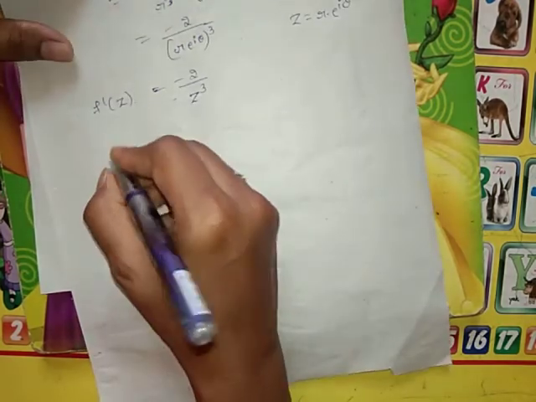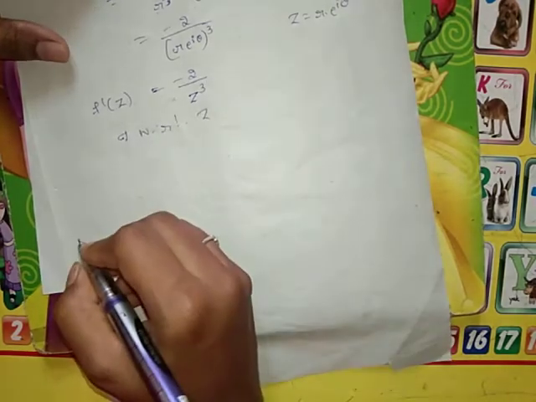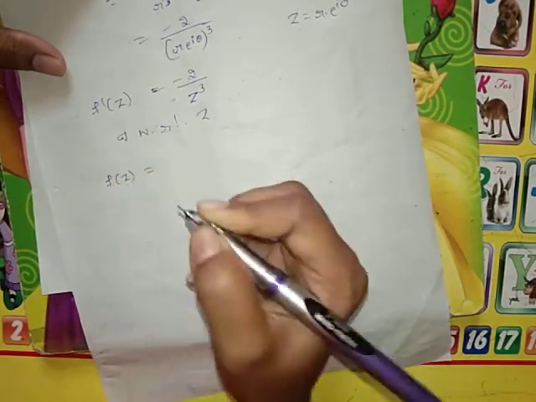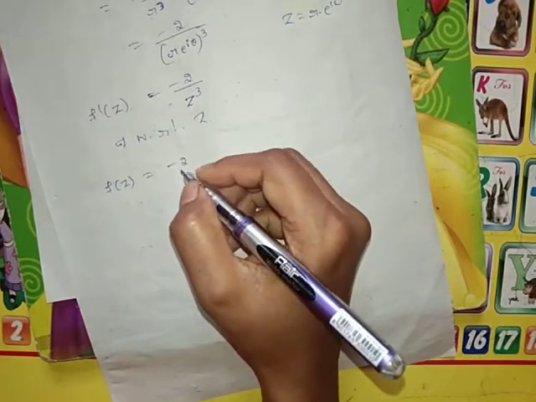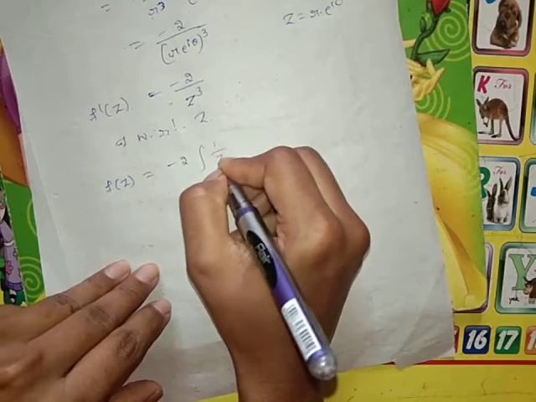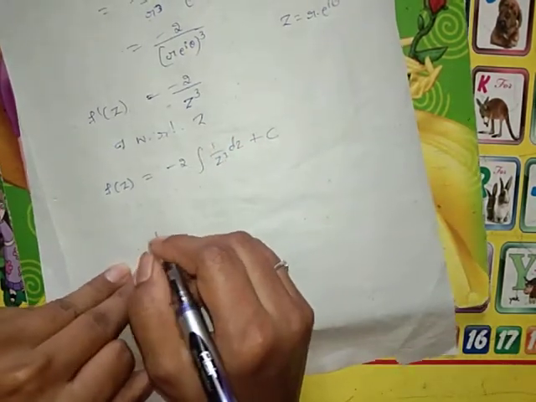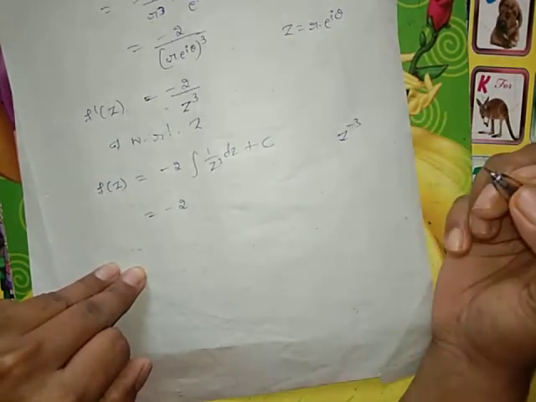Now, to get the f of z, integrate with respect to z. We get f of z equal to minus 2 into integral of 1 by z cube with respect to z plus constant c. Integral of 1 by z cube can be taken as z raised to minus 3.